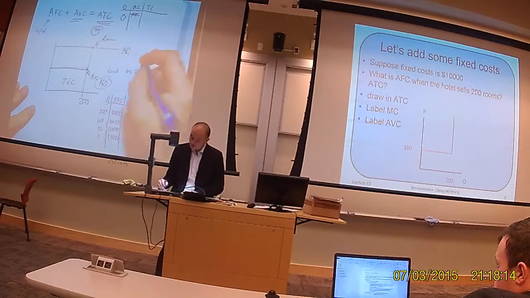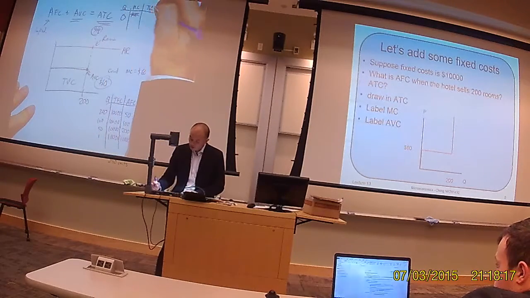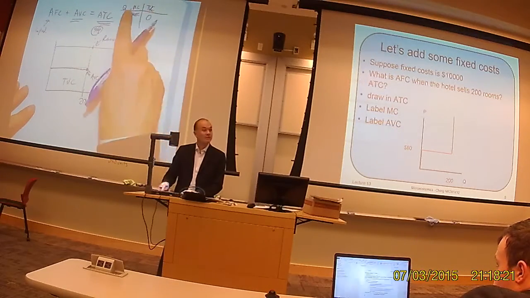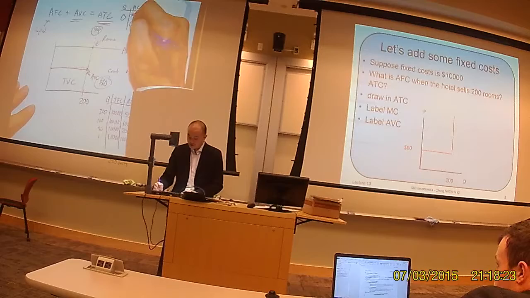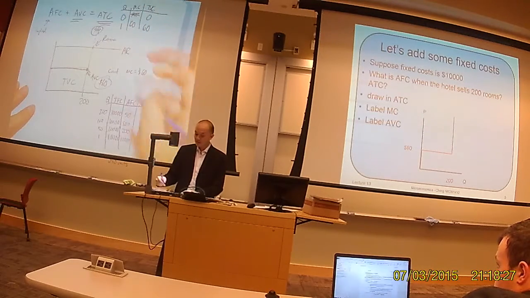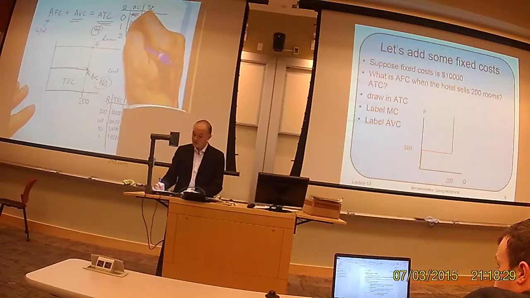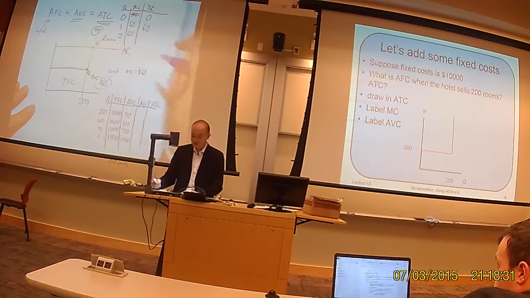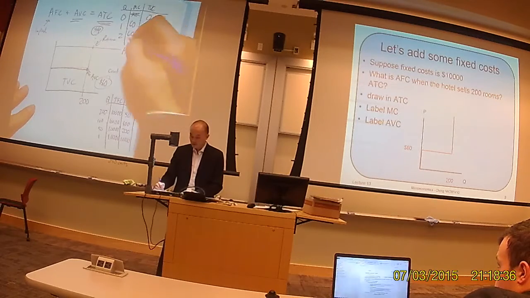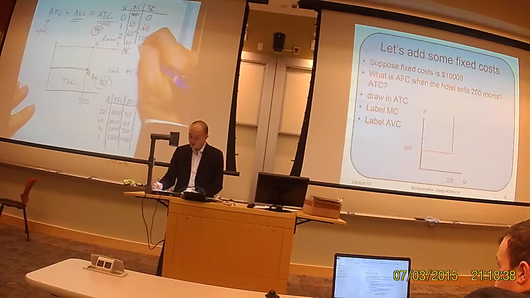So by definition, when you have 0 units, the total variable cost is going to be 0 by the definition of what variable is. If the marginal cost is 60 for the first unit, then after 1 unit, total variable cost is 60. 2 units, the marginal cost is also 60, these are all given things, and the total variable cost is 120, the difference between those two. 3 units, another 60, so 180.